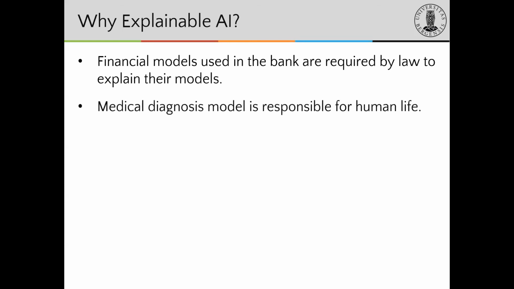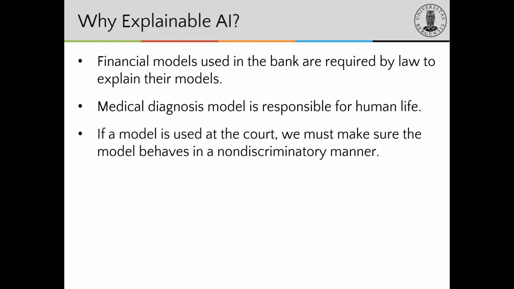The second example is medical diagnosis. This is very critical to human life, so the decision is very important. We need an explainable model to do this instead of risking people's lives. Another example is models used in court, and we must make sure this kind of model behaves in a proper way, and also in a non-discriminatory manner.